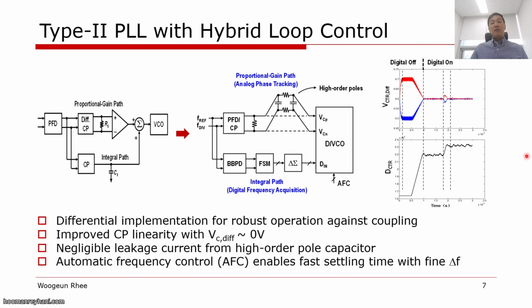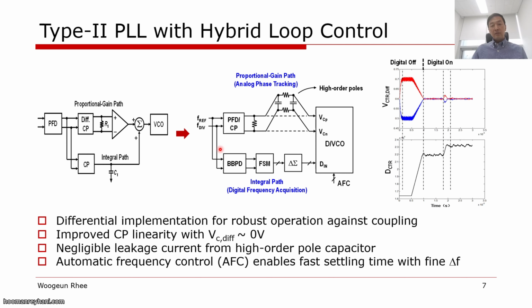We may consider hybrid loop control to realize a type 2 PLL, since modern PLL design assumes an overdamped loop. The reason is that we don't need a fast settling time from the loop dynamics of an underdamped loop. Instead, we can directly control the on-chip VCO so that we can pre-tune the initial frequency very close to the desired frequency.